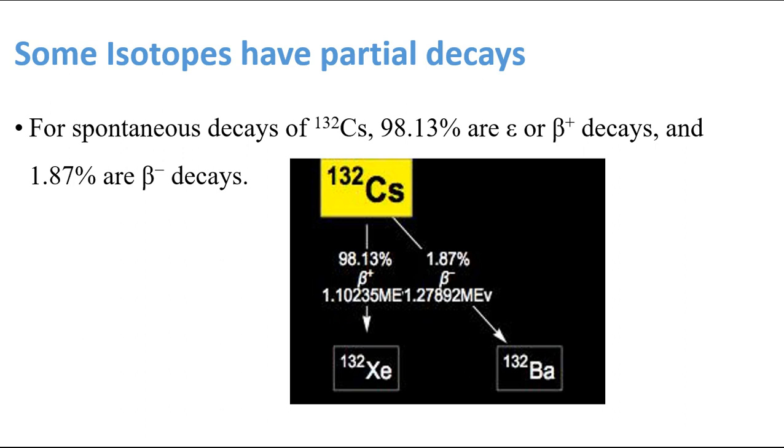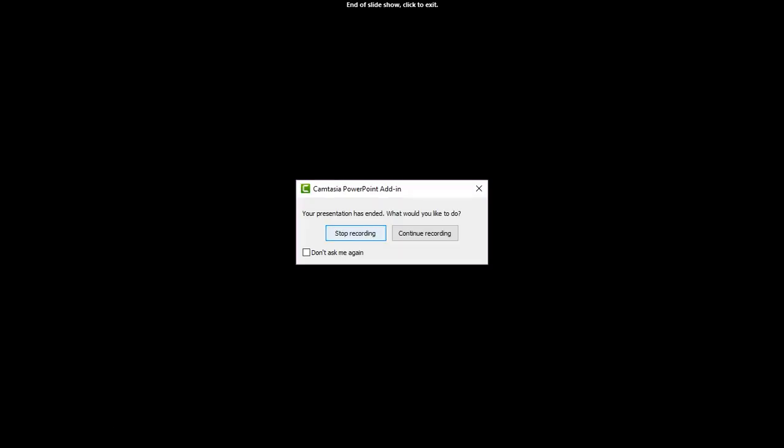For these kinds of samples in which we have more than one decay, it is possible to find the partial decay constant and partial half-lives for these kinds of elements and isotopes. I think it will be helpful for you to understand, and I recommend you to read your book for a detailed discussion. Thank you.